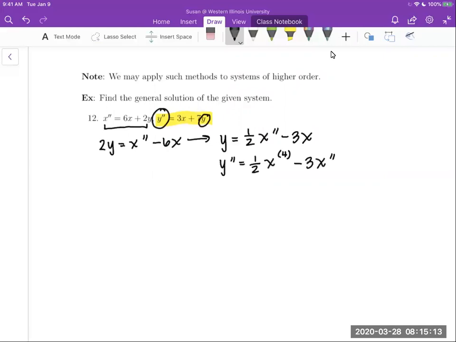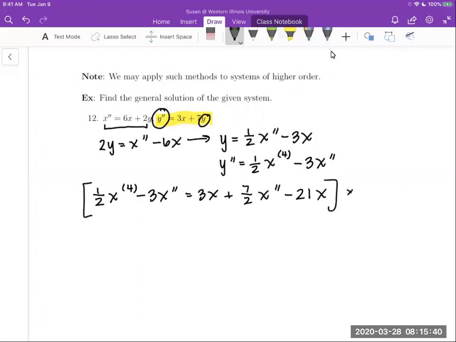All right, so now let's plug these two expressions into that yellow equation. So I have 1/2 x fourth derivative minus 3x double prime equals 3x plus 7 times y, so 7/2 x double prime minus 21x. All right, so the first thing I'm going to do is multiply by 2, just so that I don't have to monkey with those fractions.